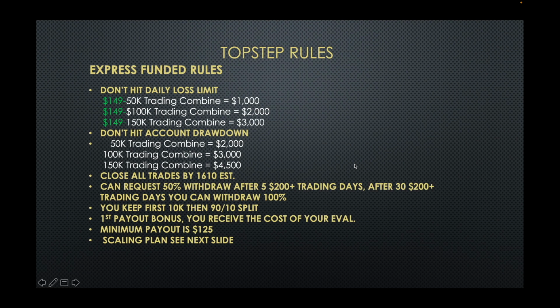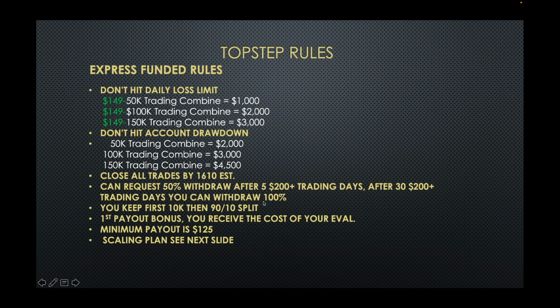You don't have to wait 10 days, or a specific part of the month. As long as you got 5 trading days in, and they don't have to be consistent, of $200 or more, you can withdraw up to 50% of whatever's in your account.